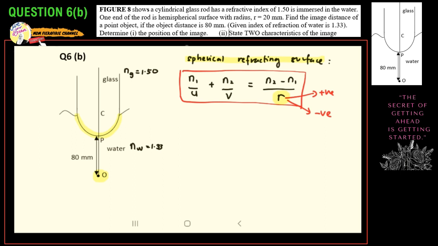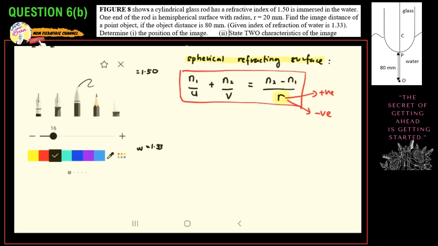Like a lens, convex lens, F is equal to positive value, right? So R is positive value. So for the spherical refracting surface, look at the position of the object. Now the object is here, it faces the curved surface like this, which is convex surface. So the value of R here should be positive.